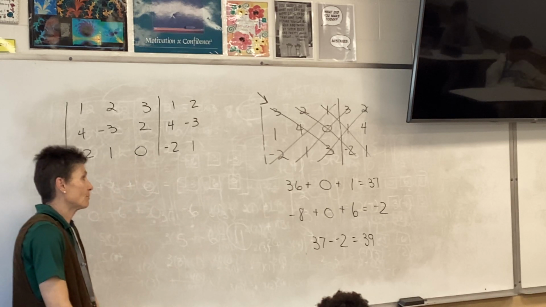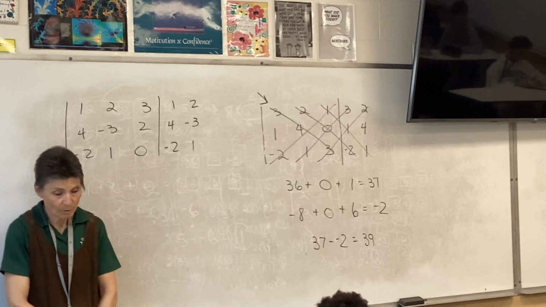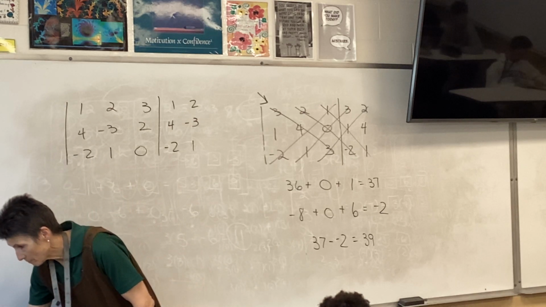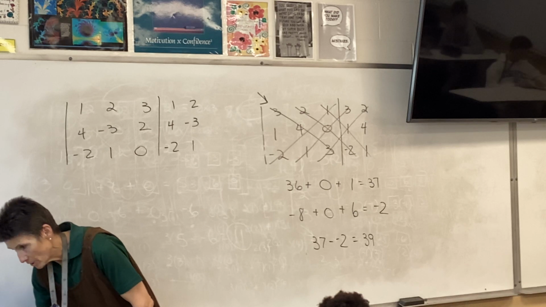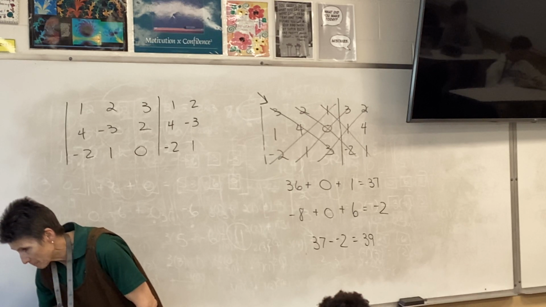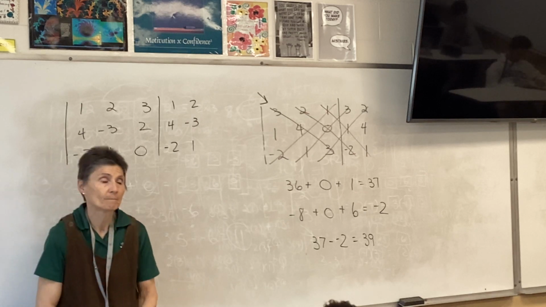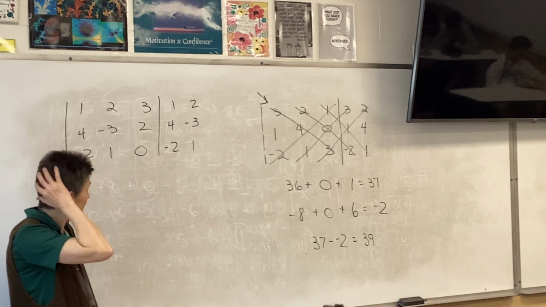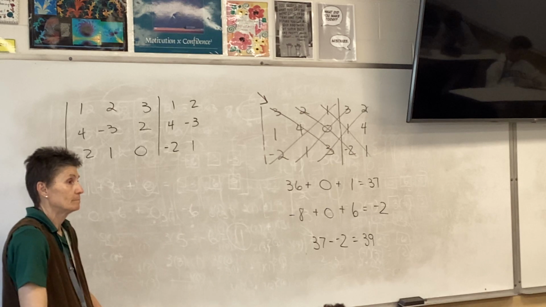There is a lot of room for arithmetic errors, so we do have to be careful. No, it is not hard, it's easy. But there is a lot of room for carelessness, so be careful. Let's see if that's it.